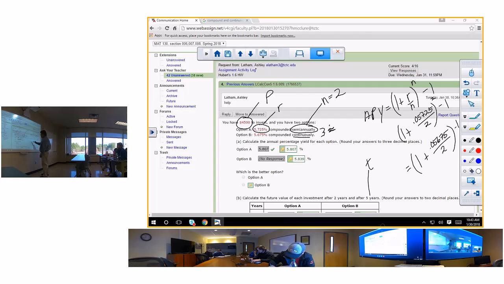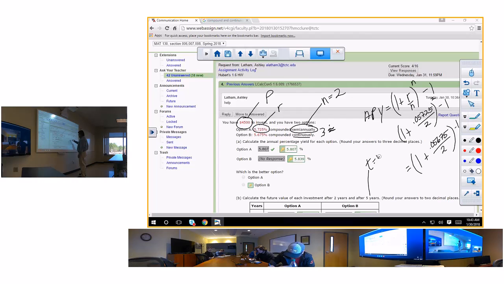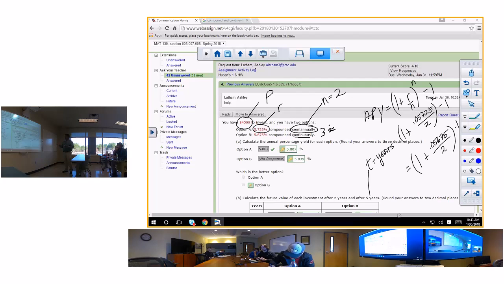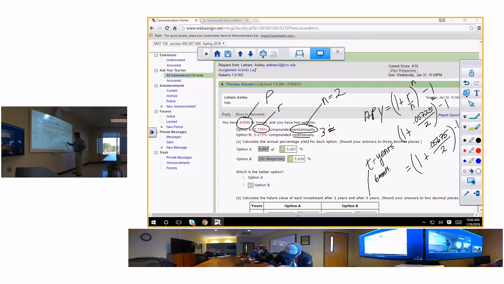It's very important that you remember this, because what if I tell you that you're going to keep the money in your savings account for 6 months? Then T would be 0.5. You need to write that down: 6 months is equal to 0.5 T. That's where students mess up.